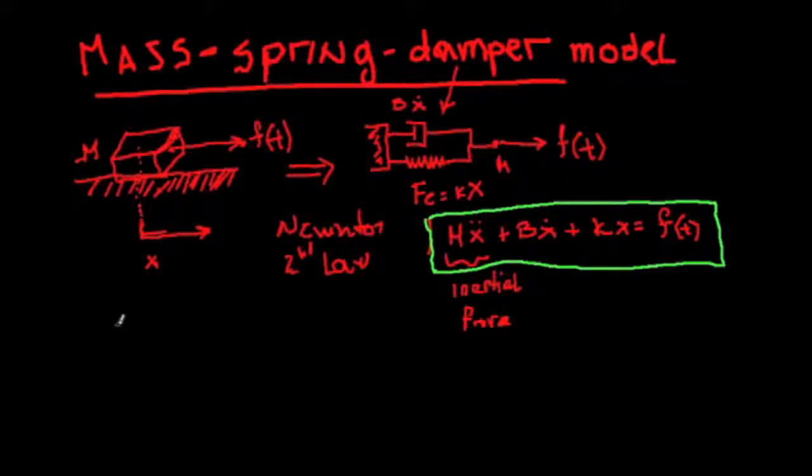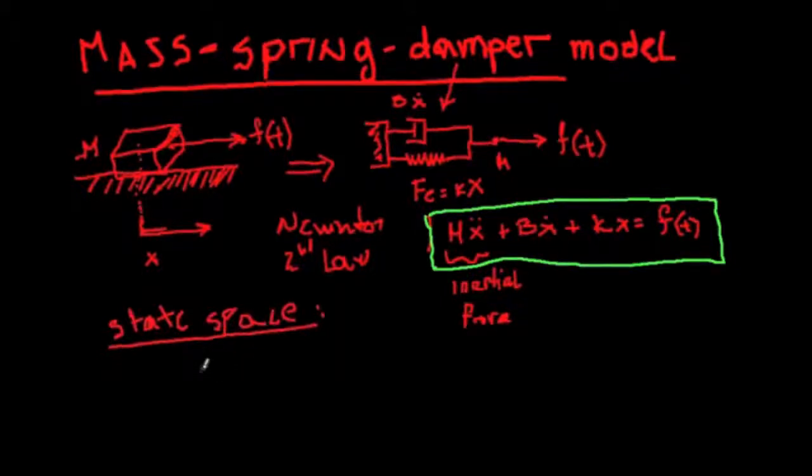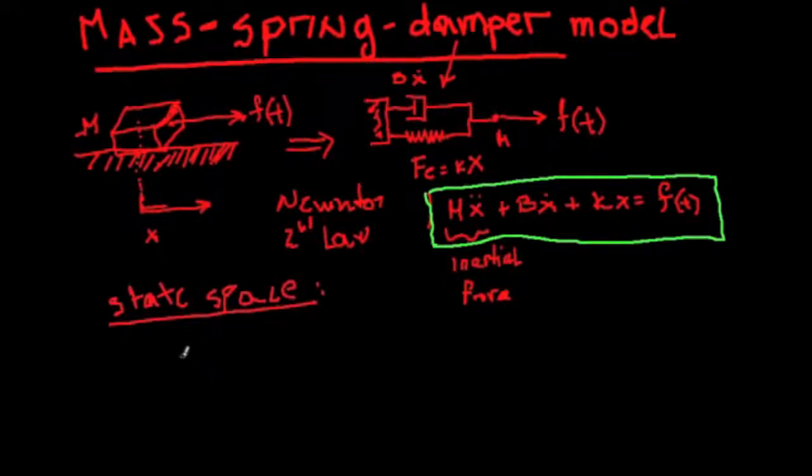In other words, state space, because this is a mechanical system, this is heritage of the mechanics, and we know that the state space essentially represents the space of all possible positions of the rigid object, and this is given as follows.